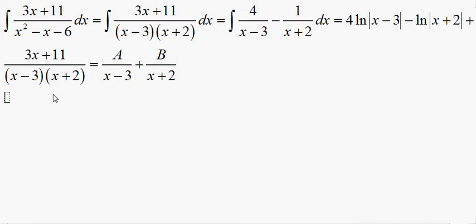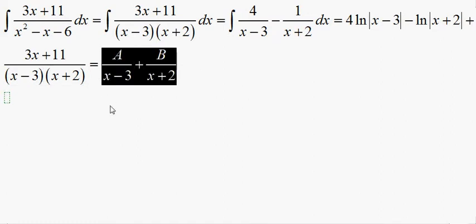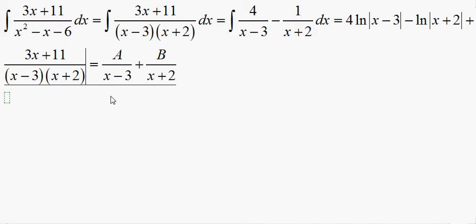So remember, we factor the denominator and then put them in each denominator for their own term. Now, in this case, they were linear. It was just x plus 2. So that's what we mean.